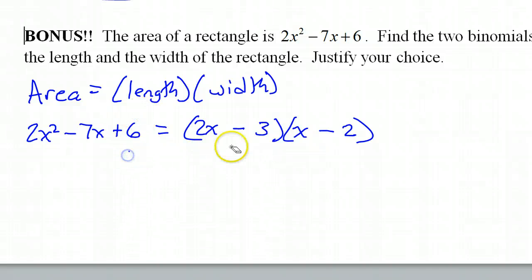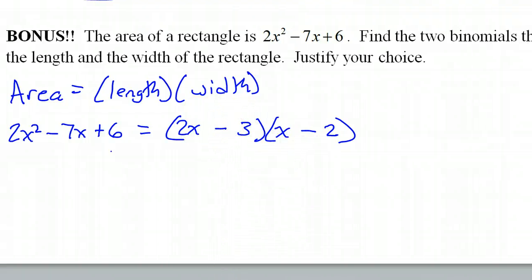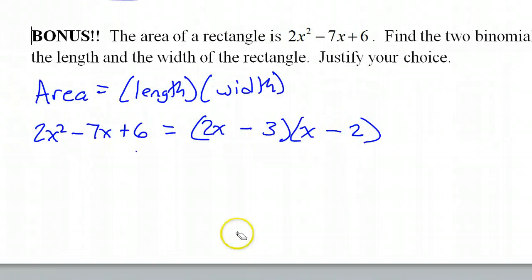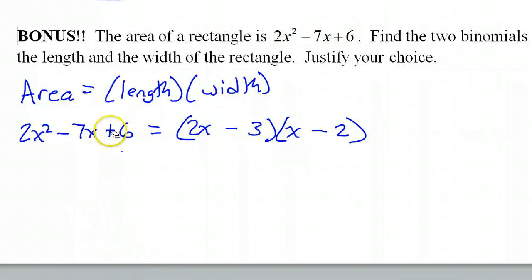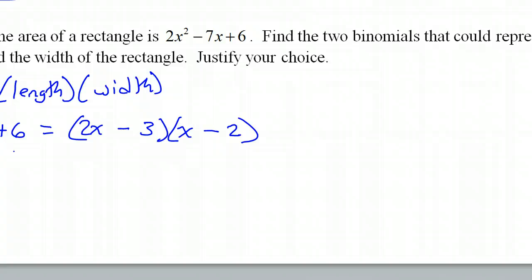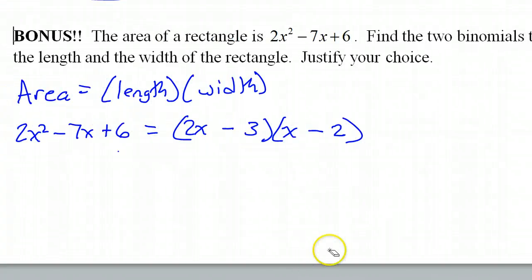So with that in mind, these are the two binomials that could represent the length and the width. That's it.